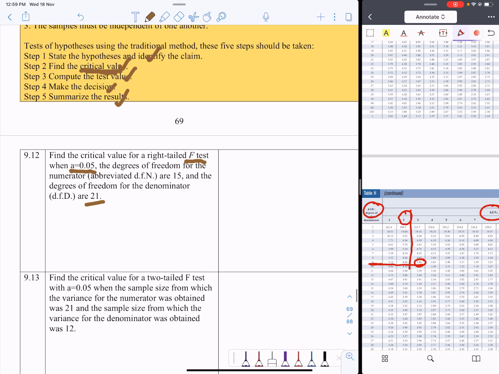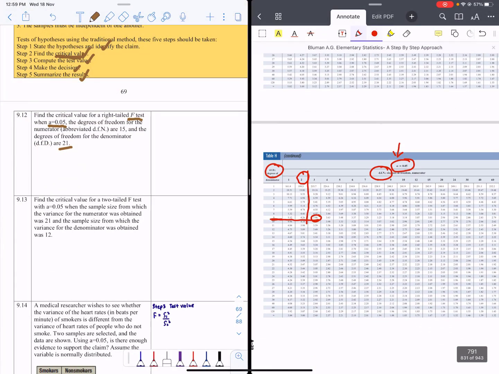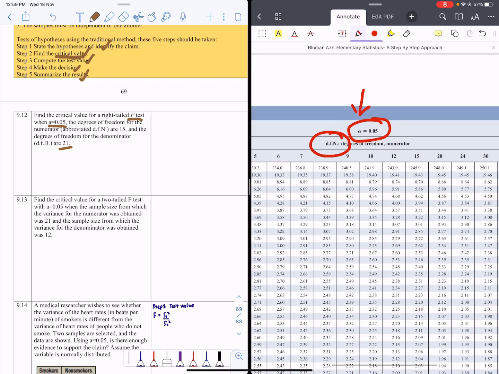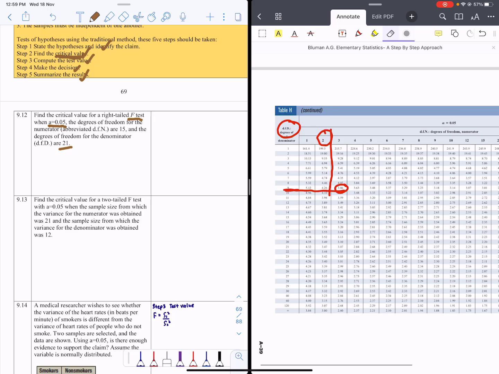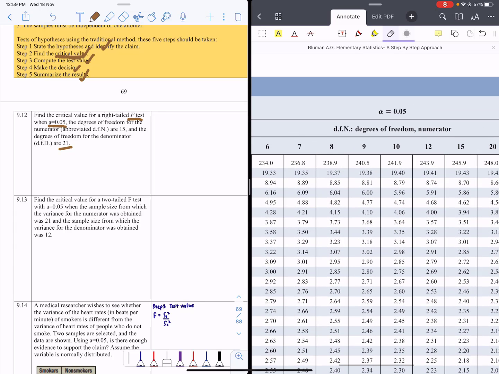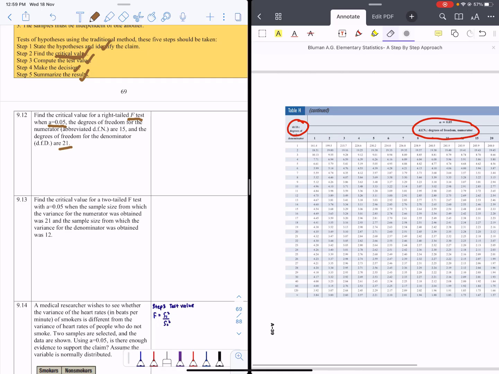How to do it? Then we look at the table. Alpha 0.05, here. Then DFN, degree of freedom numerator, and here we have the DFD, degree of freedom denominator. We have 15 and 25.